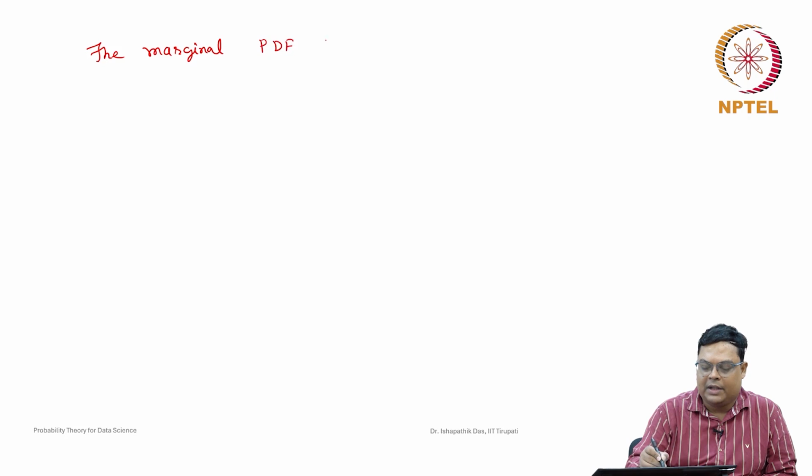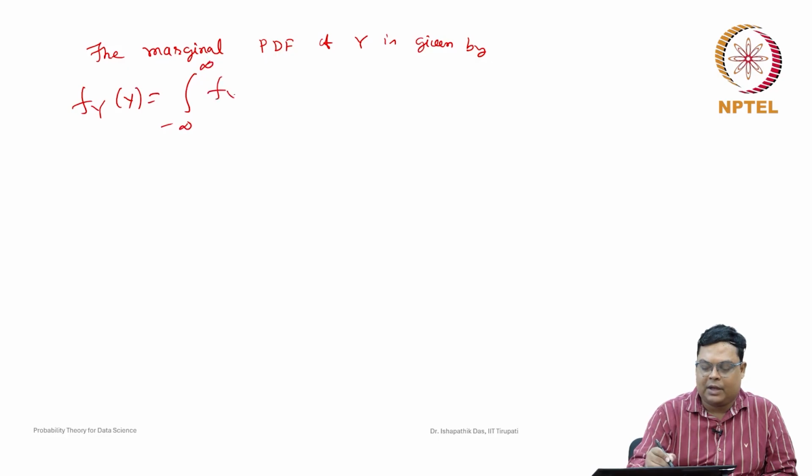Now, similarly, the marginal probability density function of y is given by f_Y(y), which is the integral from minus infinity to plus infinity of f_XY(x,y). Now we will do the integration with respect to x.